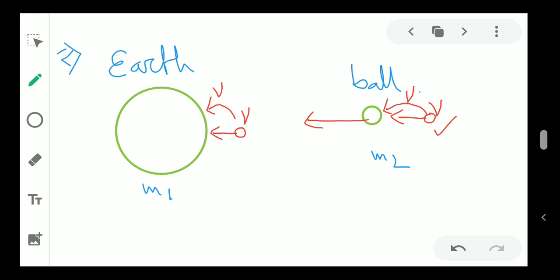But in case of earth, if the same thing is happening, do you think the earth will also move with that v velocity? No, it does not move. Whereas this ball can move with that velocity which this ball has transferred. So why? That means to change the state, only transferring velocity does not matter.